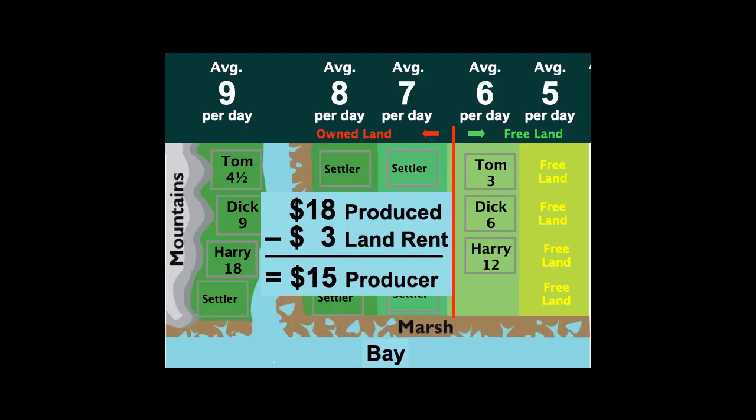So if he produced 18, he gives up 3 in land rent, he keeps 15. 15 is a lot better than 12, isn't it? So he outbids his competitors, and he gets control of the very best land.